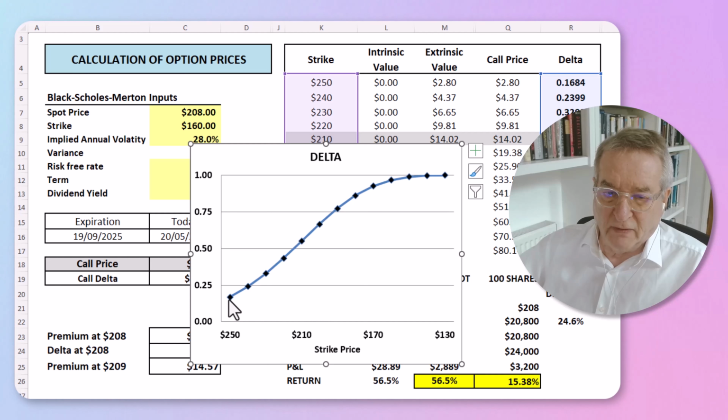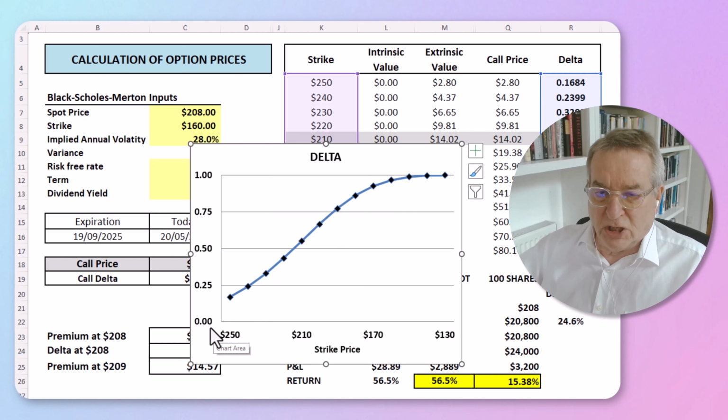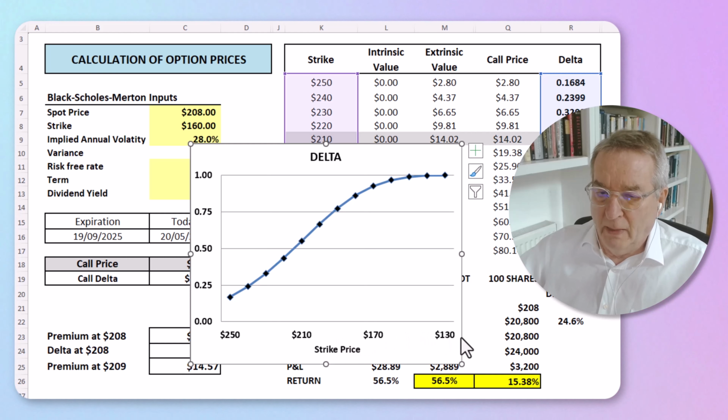So in fact that is the 17 cents here corresponding to that. One of the points to notice here is that as we move in this case to the right, and thereby as we're going more in the money, the delta value approaches this value of 1 here. It never actually quite gets to 1, but gets very, very close.